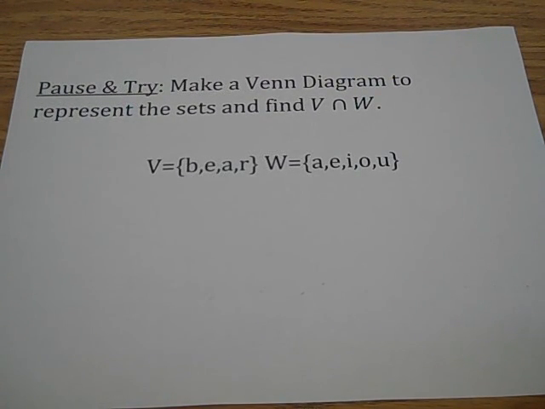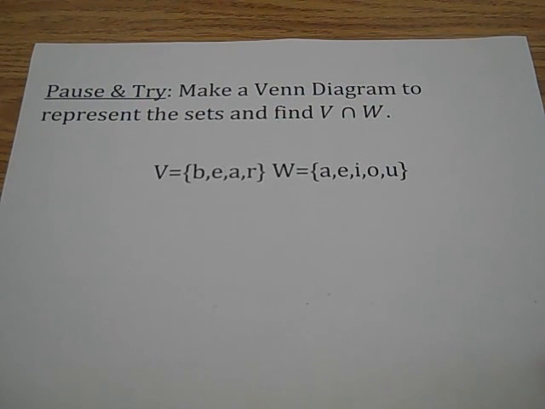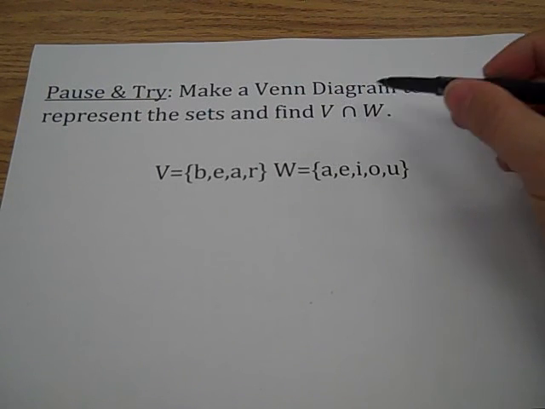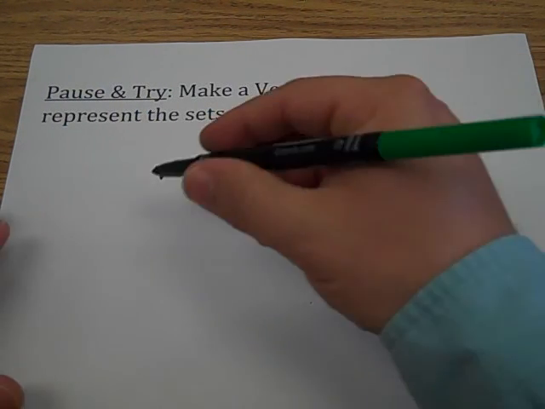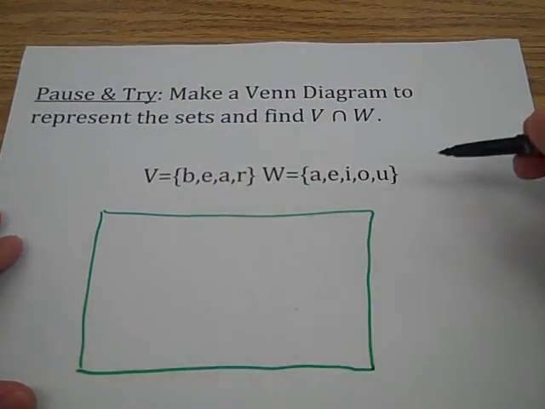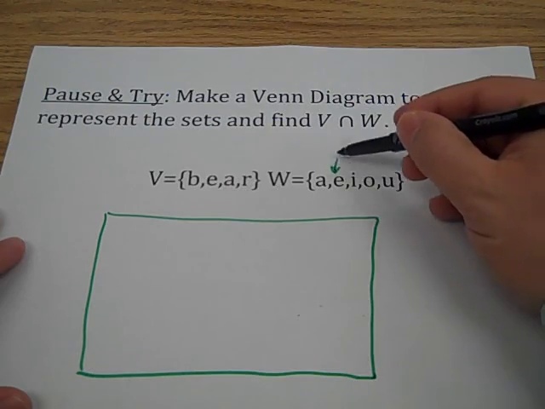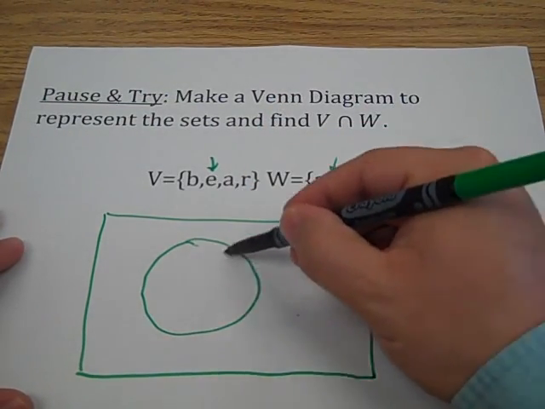So pause here, draw a Venn diagram to represent set V and set W, and then find the intersection of them. So I only have 2 sets, so I'm going to have 2 circles. I can see that they have at least one letter in common, so they're going to intersect.